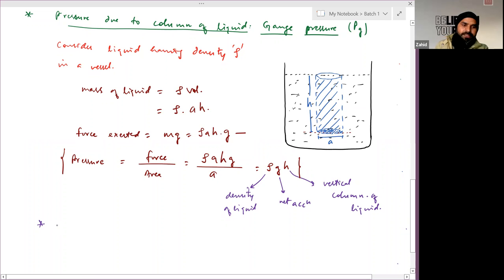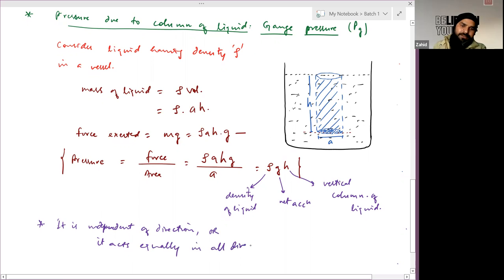So from this we can say it is independent of direction, or we can say it acts equally in all directions at the same depth.